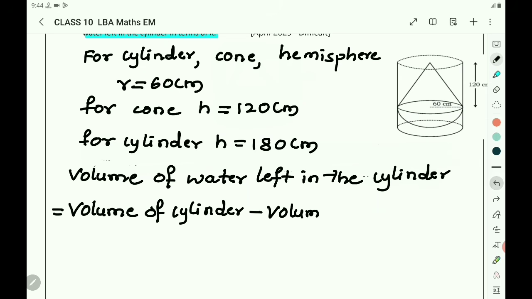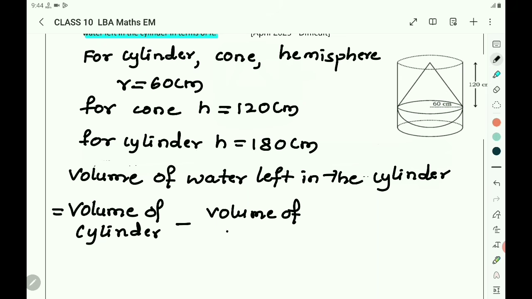So let us write like this way. Volume of cylinder minus volume of cone minus volume of hemisphere.